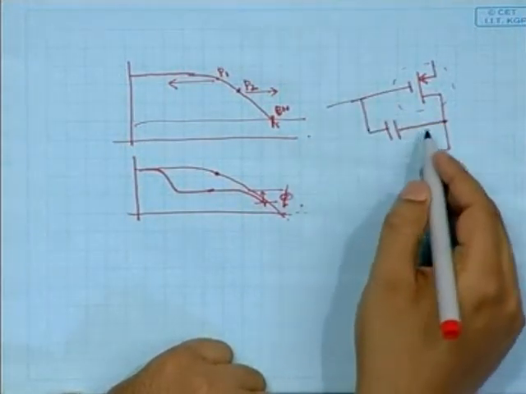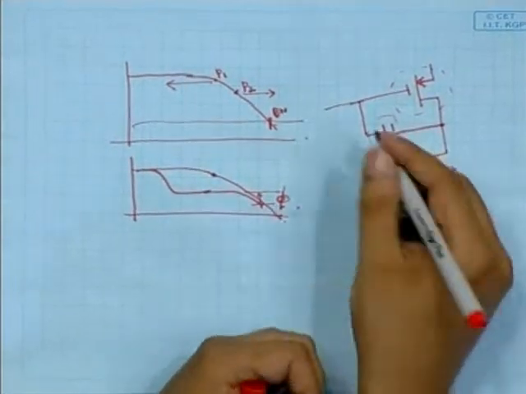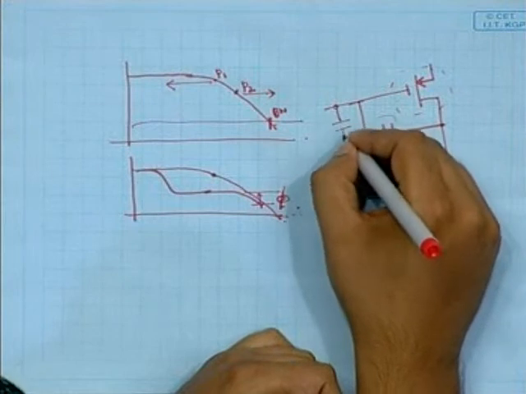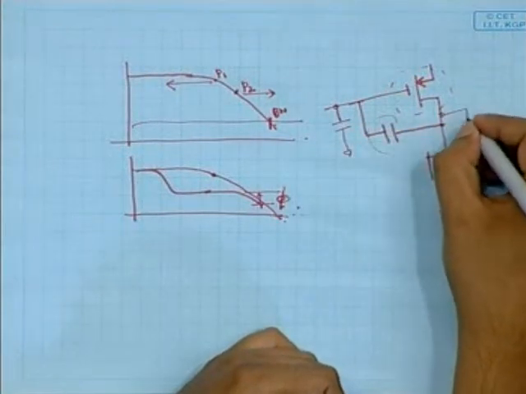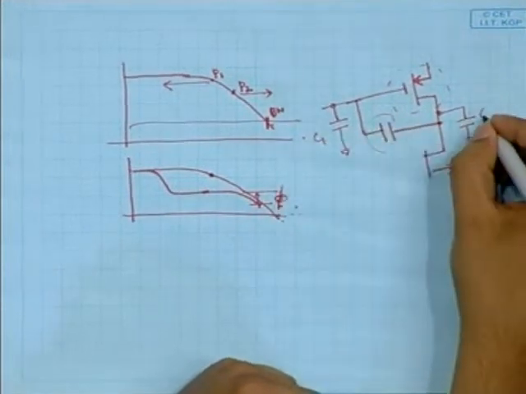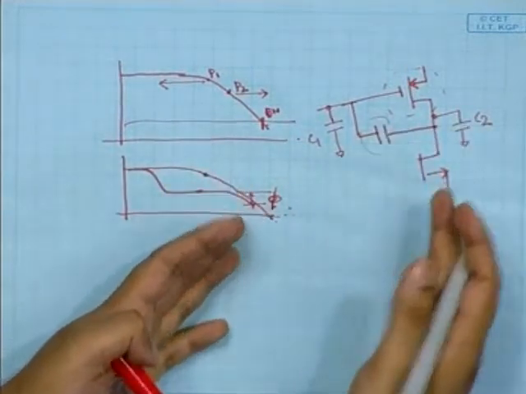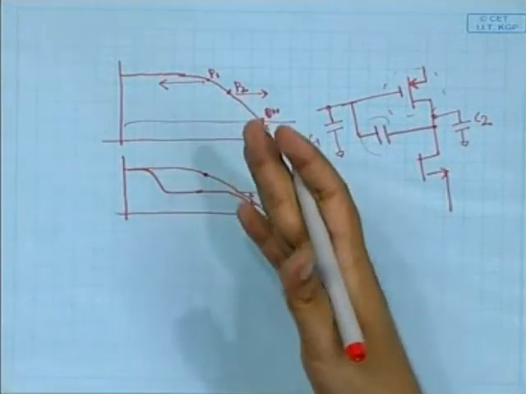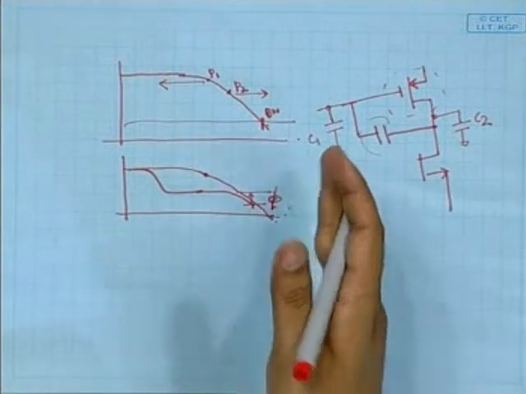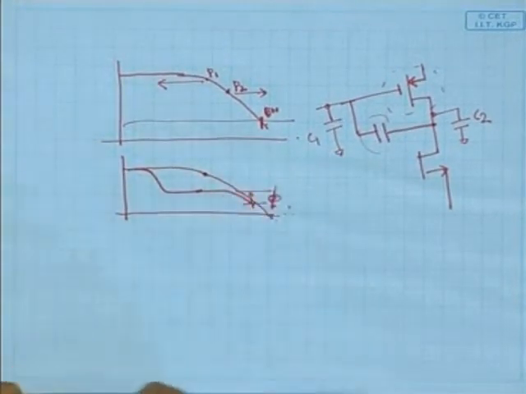This capacitor can be approximated as a capacitor C1 and a capacitor C2. So this is the application of Miller's theorem, and depending upon that we can shape the frequency response.